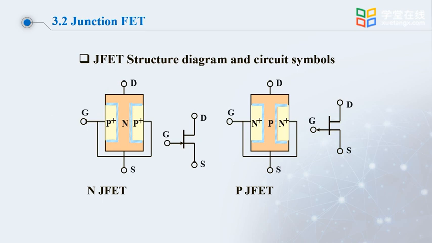The symbol for the P-channel junction FET is as shown in the PowerPoint. The channel is represented by a solid line, and the channel to grid connection has an arrow pointing in the direction of the PN junction, from the N-type grid to the P-type channel. So the channel is made of P-type material, and this is a P-channel junction FET.